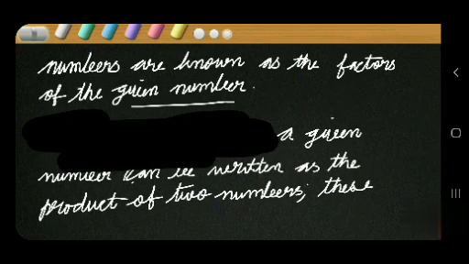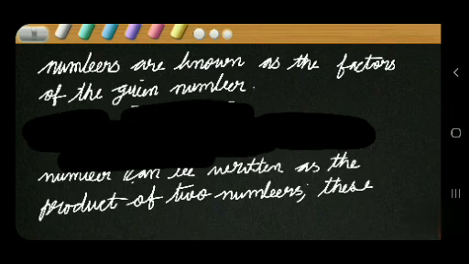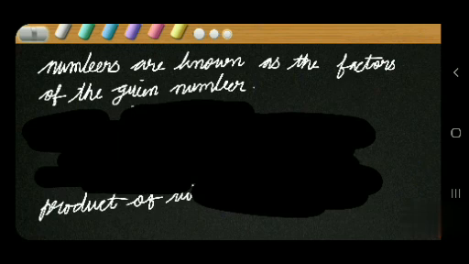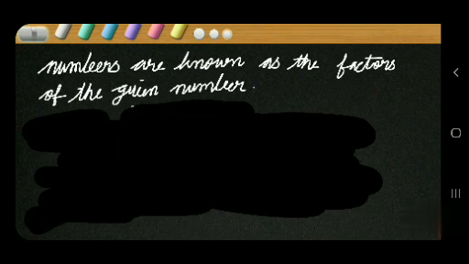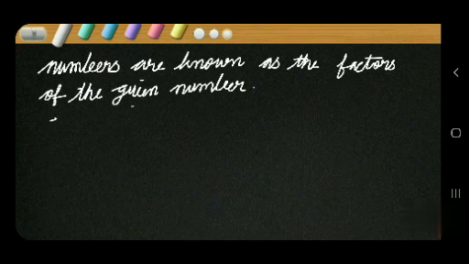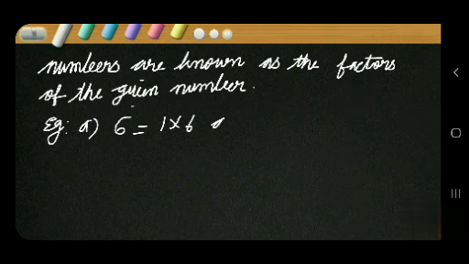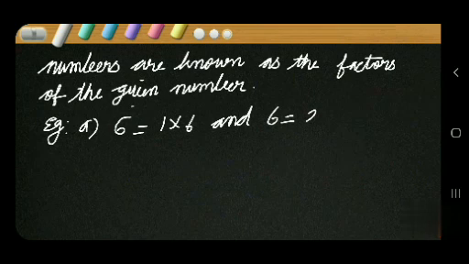So let's write examples. Example A. We have discussed the case of 6, isn't it? So we know 6 can be written as 1 into 6 and 6 can be written as 2 into 3.